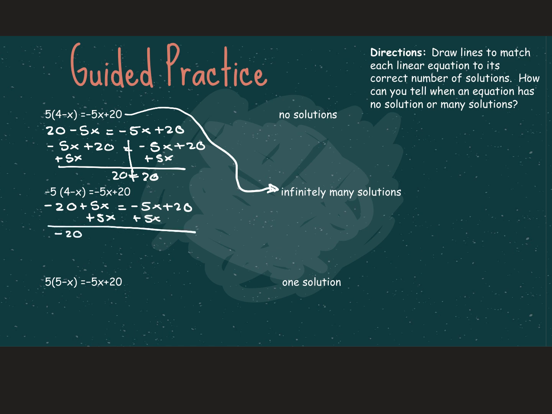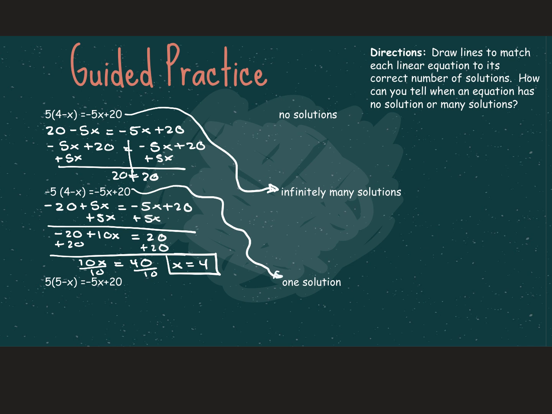I get negative 20 plus 10x is equal to 20. I'm going to add 20 to both sides. I get 10x is equal to 40. Divide by 10 on both sides, and I get x is equal to 4. All right, so that's going to give me one solution.